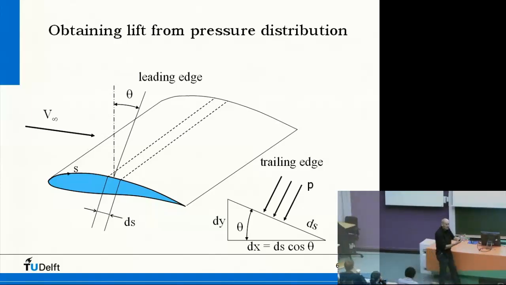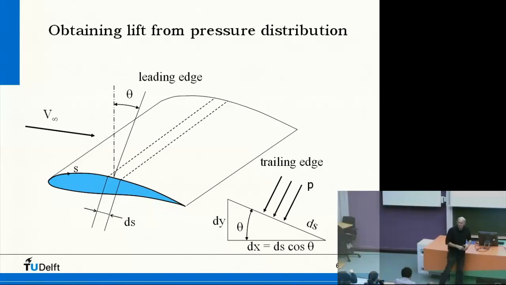And drag is, of course, in the direction of the velocity. And the normal force is perpendicular to the chord line, and the tangential force is parallel to the chord line. Okay. Now we have this piece ds of the contour here. There works a pressure on it, of course, perpendicular to this surface part.